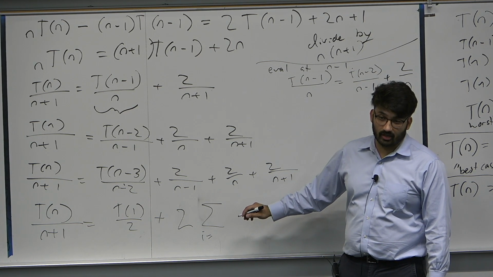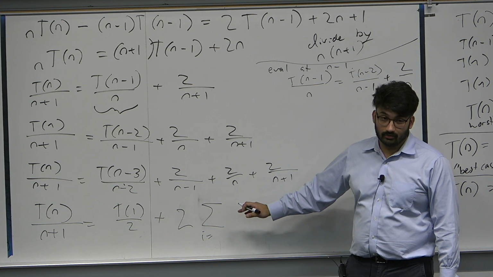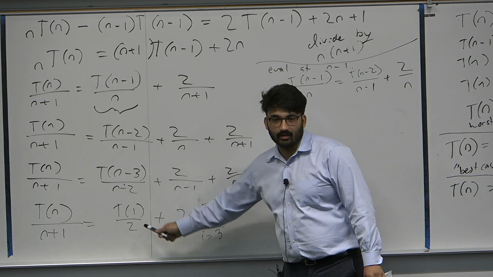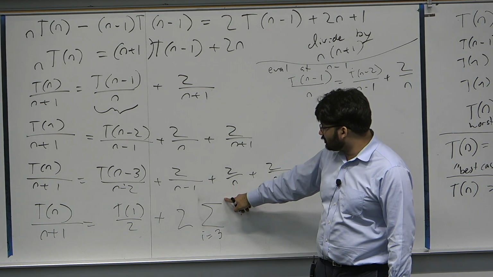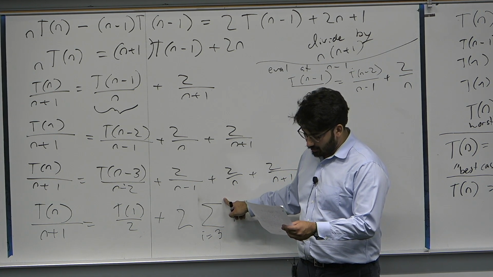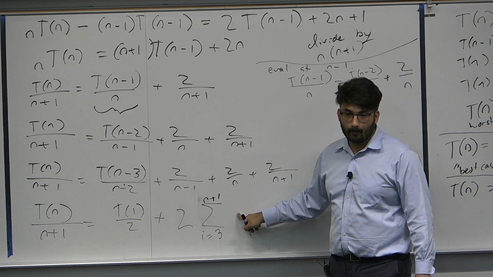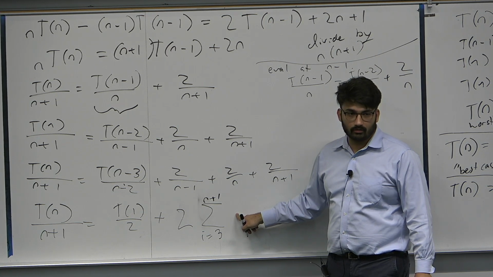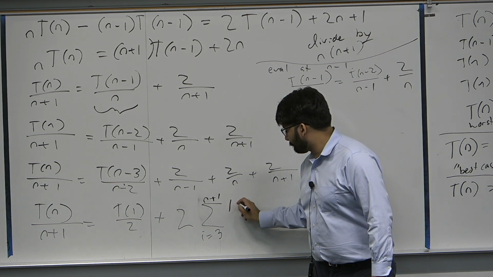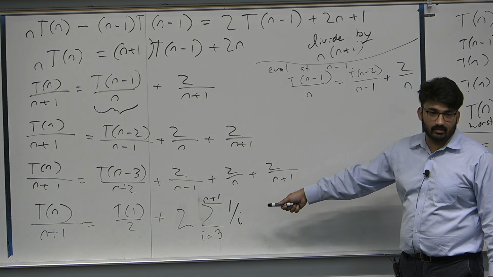Well, it won't be 0, it turns out. We'll have a little bit of base case stuff going on. Not quite 1, not 2. 3. I have 3 here. And then what's the top is going to be, again, not particularly important. This is going to be n plus 1. And then what goes here? 1 over i.